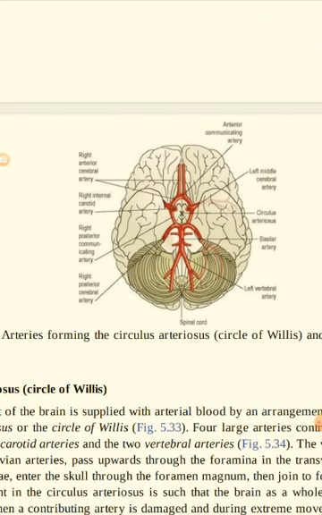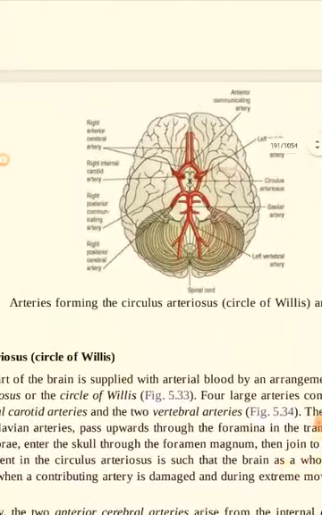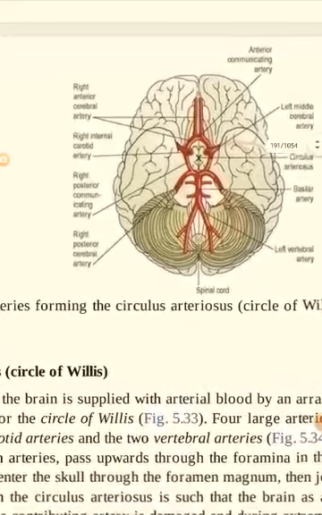So these vertebral arteries on each side are branches of the subclavian arteries. And how do they come into the brain? After passing through the transverse processes of the cervical vertebrae, they enter the brain through the foramen magnum and then join together to form the basilar artery.